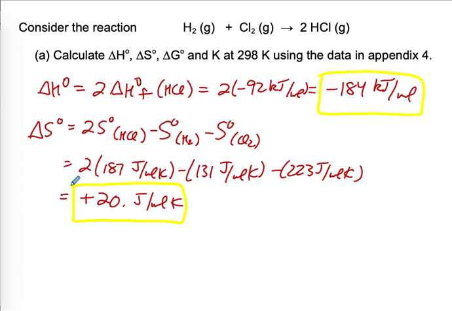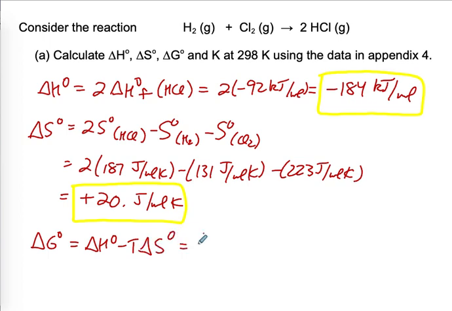Cl2. Now, to calculate delta G naught, the standard free energy change, I could use either the standard free energies of formation because we are at 298 Kelvin, or I could use delta H naught and delta S naught. Either method will give you the same result. So for simplicity, I'm going to use delta G naught equals delta H naught minus T delta S naught because we just calculated those.